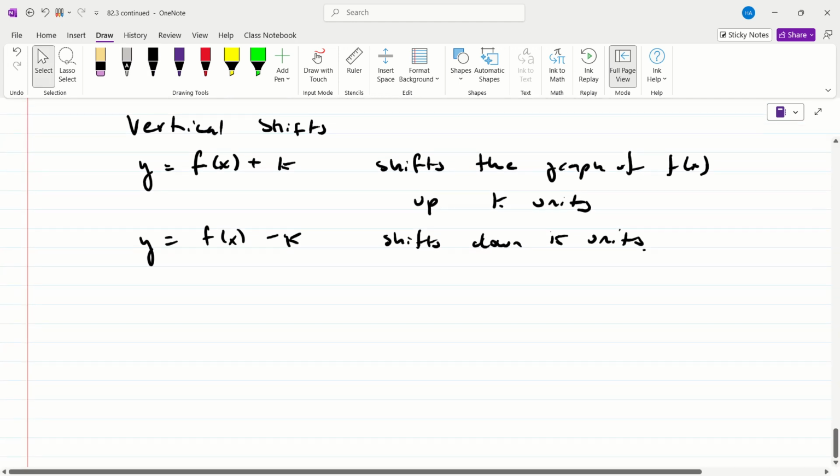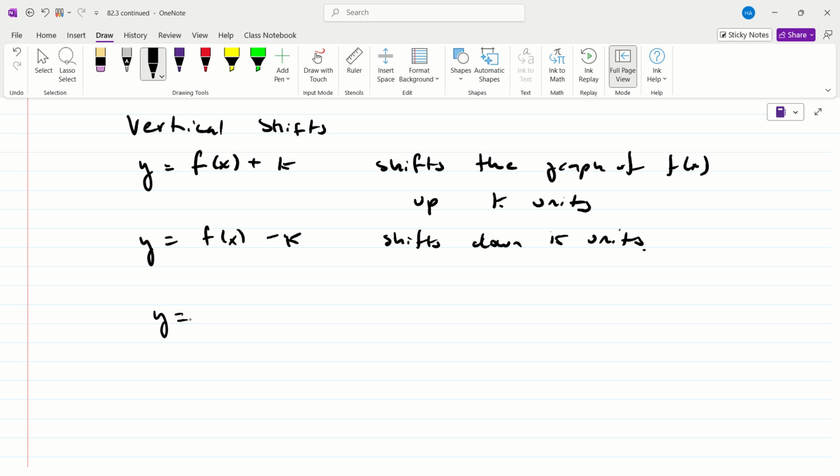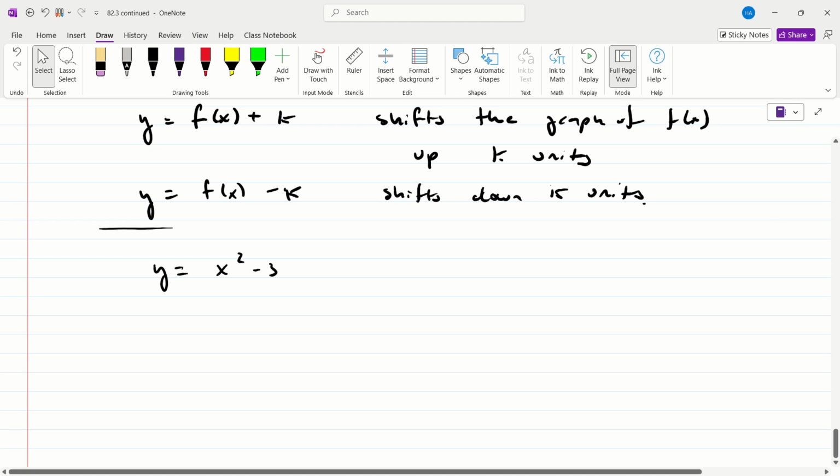For example, we just went through a variety of structures in the previous section. Suppose you're looking at the function x squared minus 3. You know what the graph of x squared looks like.